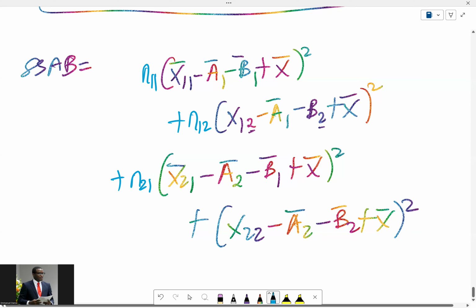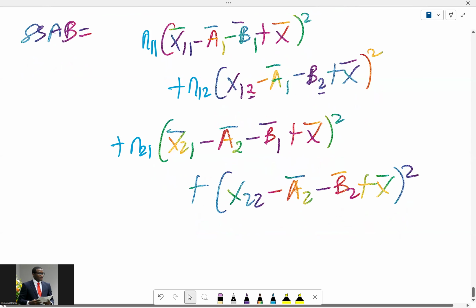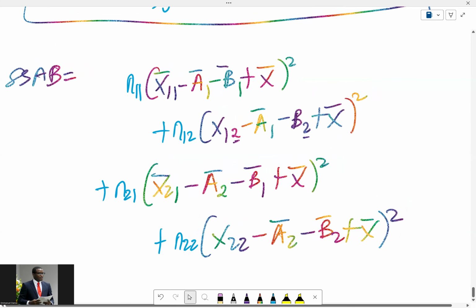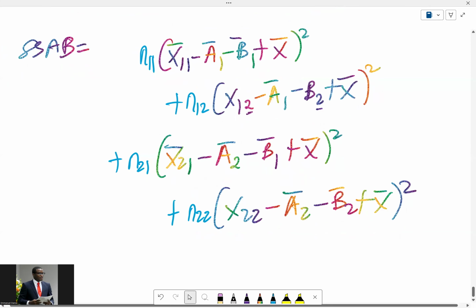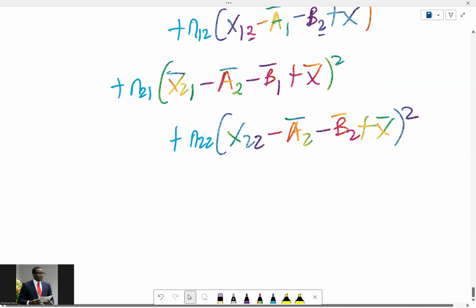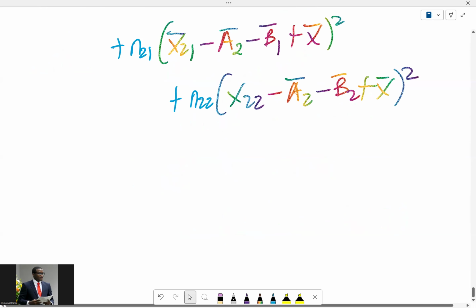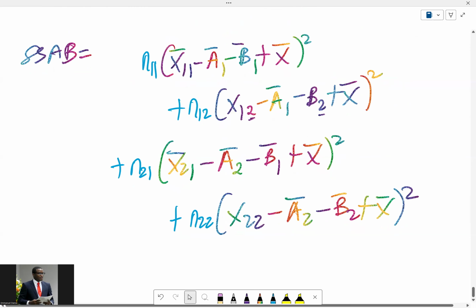But it doesn't have to be. That's why I'm trying to ensure that I didn't just gloss over that. Then this can be n22, plus. So in short, when we add all this together, this is our SSAB. So let's do that carefully. First, let's list.